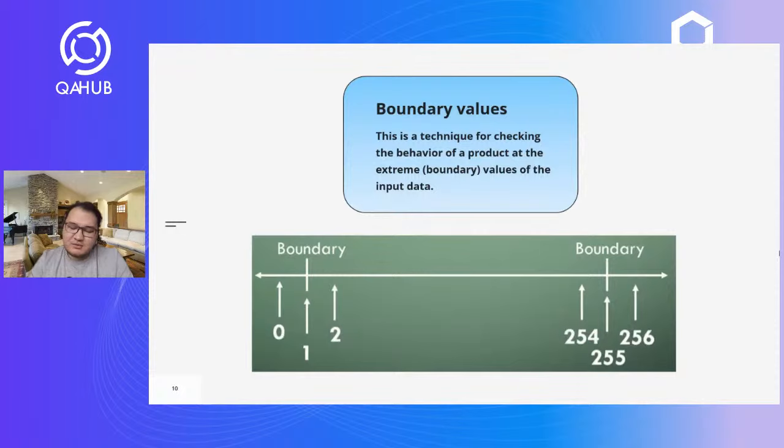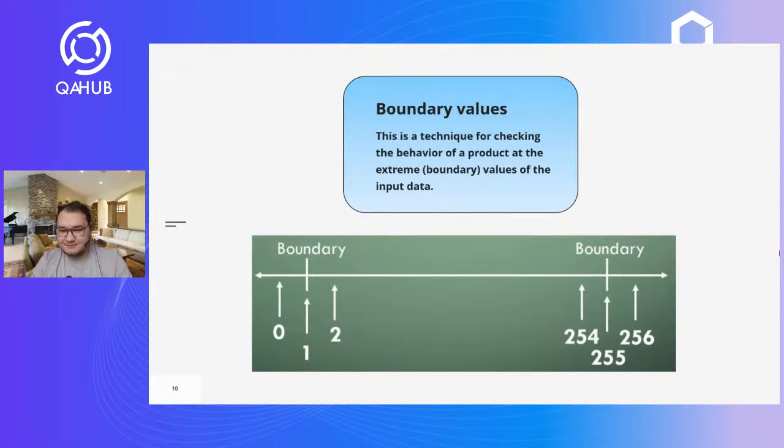But what you can do is choose boundary numbers near 1, for example, 0 and 2, and also choose boundary values next to 255. It's 254 and 256. So using that technique helps you spend less time, but it also increases the quality of your testing.